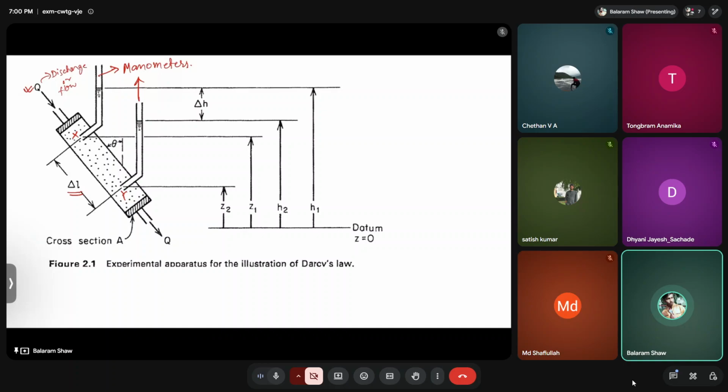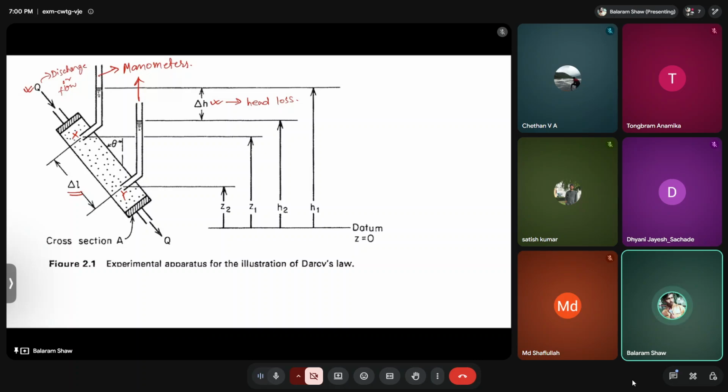So del L is measured along the direction of flow, whereas because of the potential gradient, we have del H, which we call head loss. Why is this head loss happening? Because at the top there is high potential energy, and at the bottom it is low potential energy, and there is head loss, which we call del H.